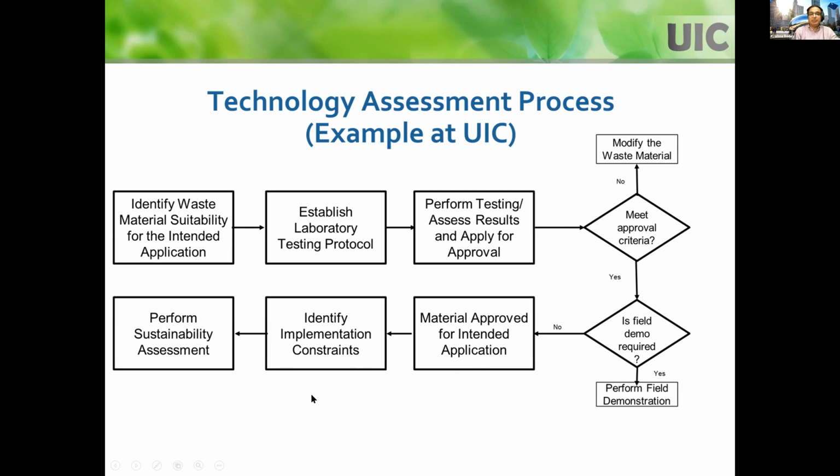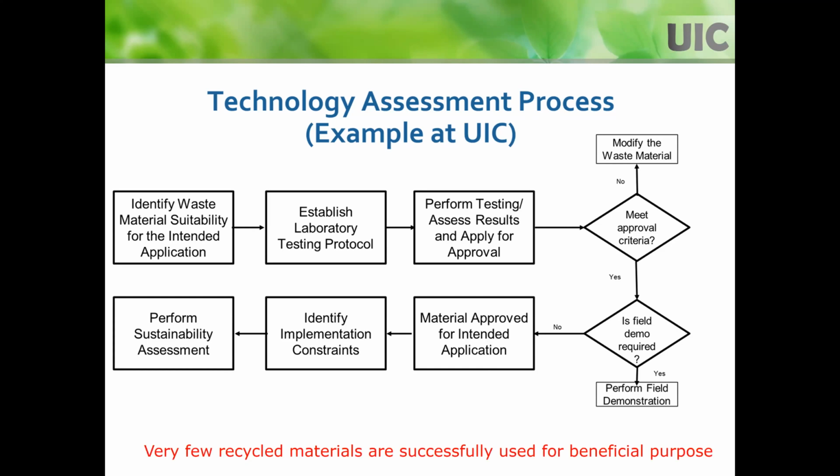And then identify implementation constraints. I know I want to use every waste material that is possible, but if the waste material is not available close to the site and you have to transport long distance, that's not going to be possible. So you need to identify what the constraints of using that material are, and then you do the performance sustainability assessment, where you look at broader environmental impacts, economic impacts, and social impacts, and then you recommend that use for that application.